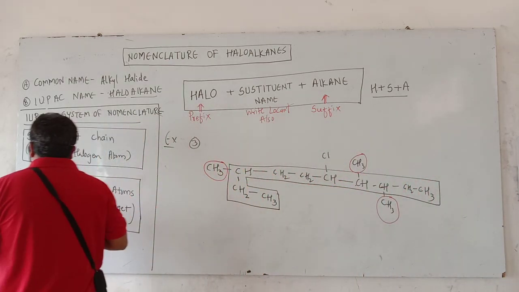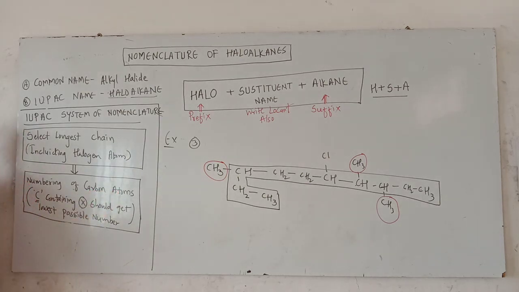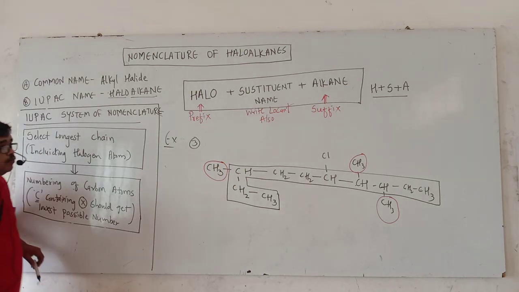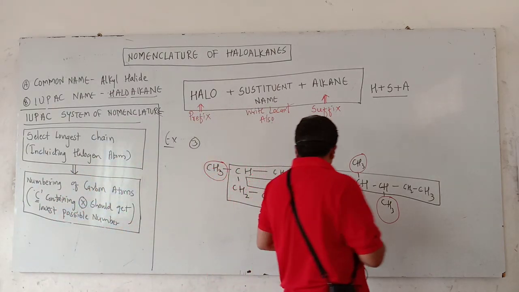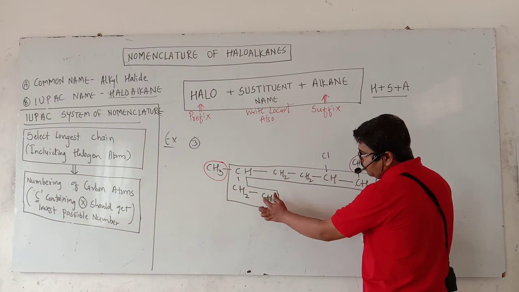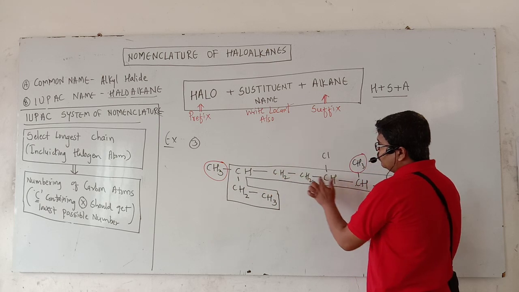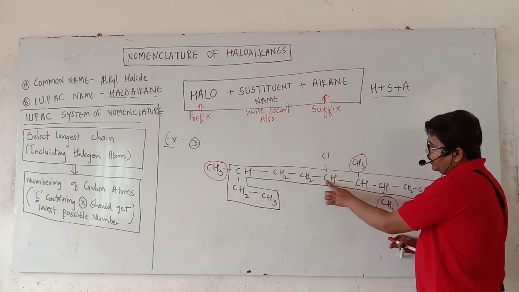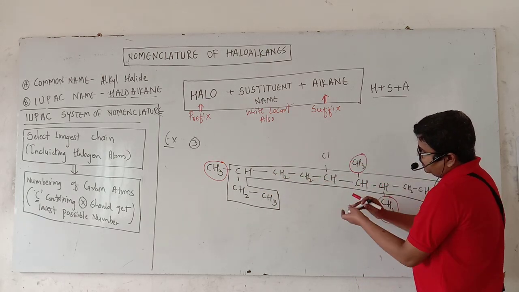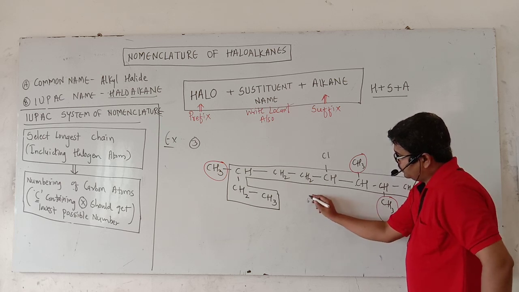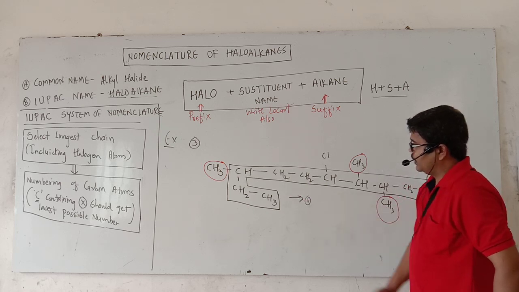Okay. Now, numbering of carbon atoms. Carbon containing halogen should get lowest possible number. Okay. So, numbering from which side it will be correct? If I will do numbering from this side, 1, 2, 3, 4, 5, 6. Carbon containing halogen gets number 6 if I do from this side.